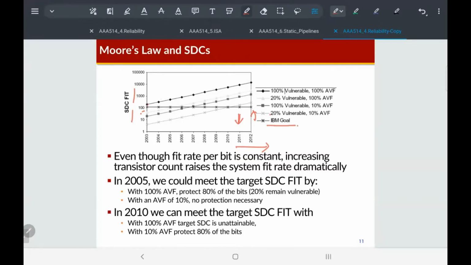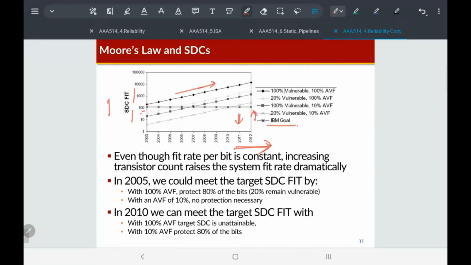Then this graph looks like this. And as time goes by, this graph exponentially increases, because this is the log scale. So if the system is very vulnerable and every fault affects the output 100%, then it looks like this, so we cannot meet the goal set by IBM.